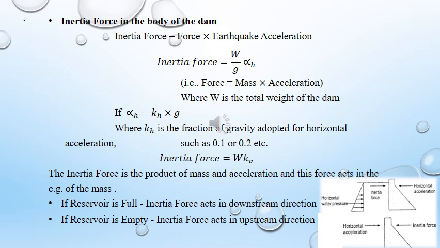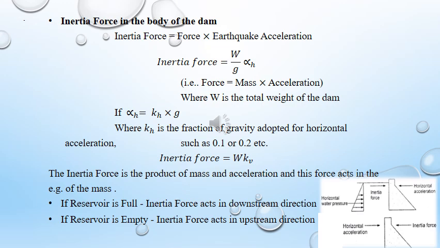Here W is the total weight of the dam. Suppose this alpha h is taken as kh into g, where kh is the fraction of gravity adopted for horizontal acceleration, such as 0.1 or 0.2.